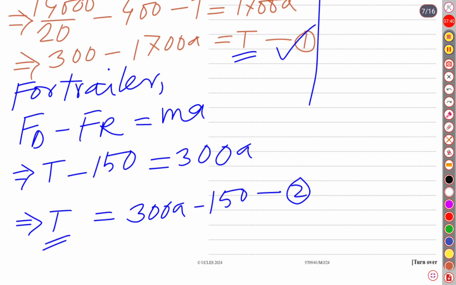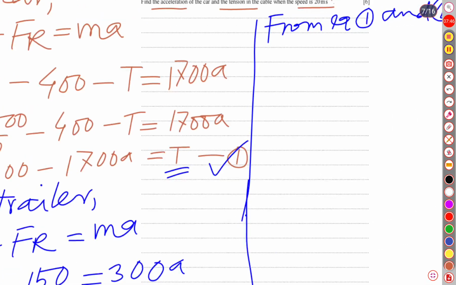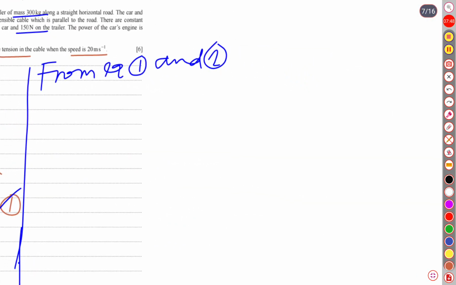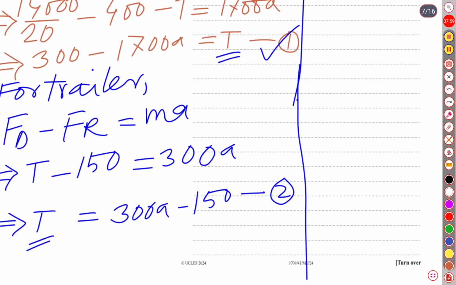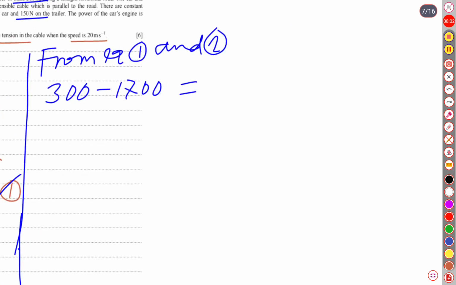We can write here, okay, so the first equation was T equal to 300 minus 1700a, and the other equation was T equal to what? 300a minus 150.